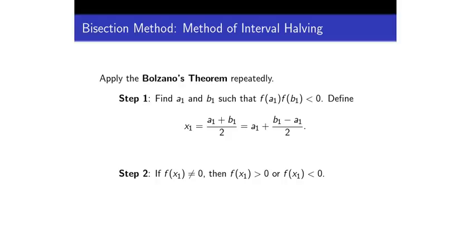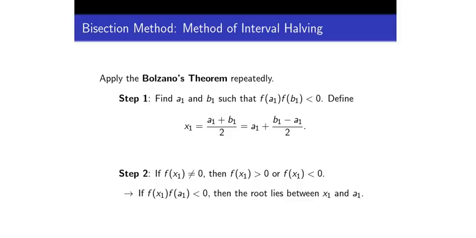So either f of x1 is greater than 0 or f of x1 is less than 0. Then, as I mentioned, you have to see whether f of x1 and f of a1 are of opposite sign, or f of x1 and f of b1 are of opposite sign.